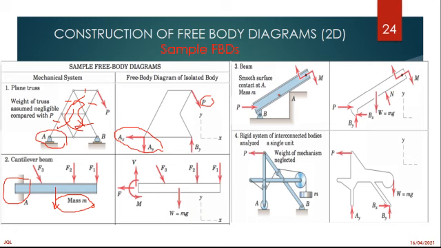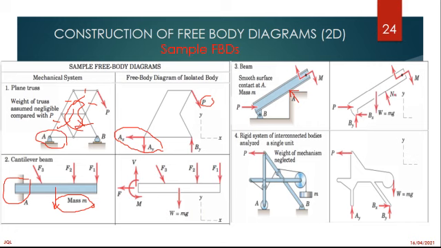Then at the same time, I've got a moment. And at the same point, I've got a support at A. When you look at it, that is just like a roller. I only need a reaction perpendicular to the member, which is represented by N.